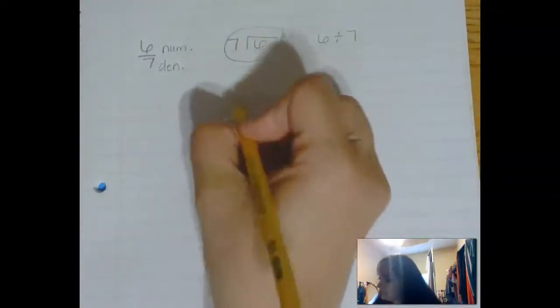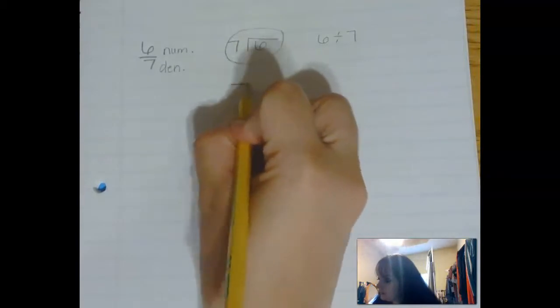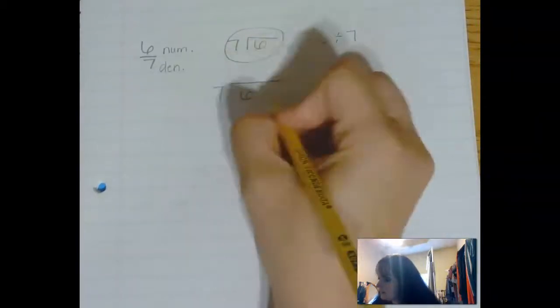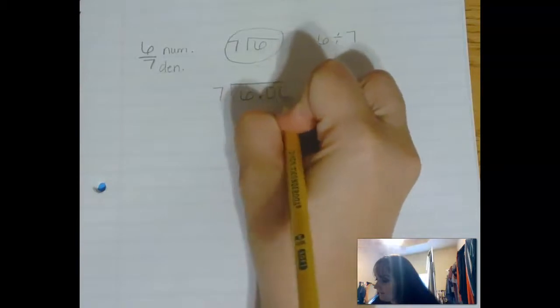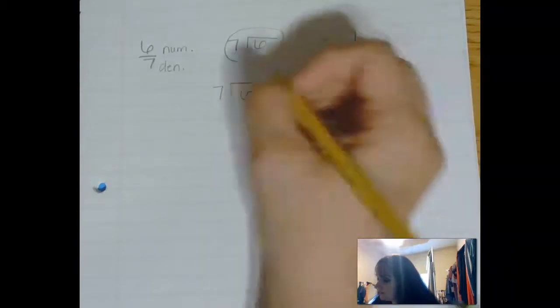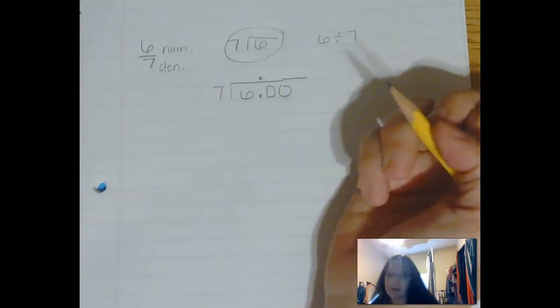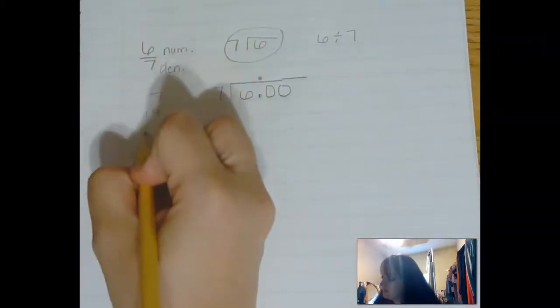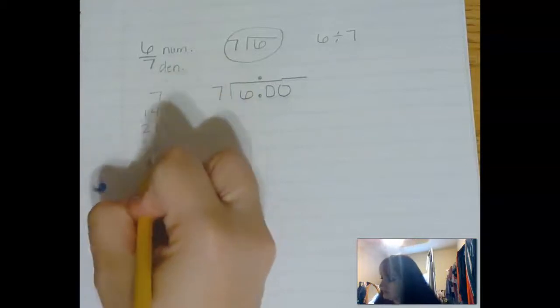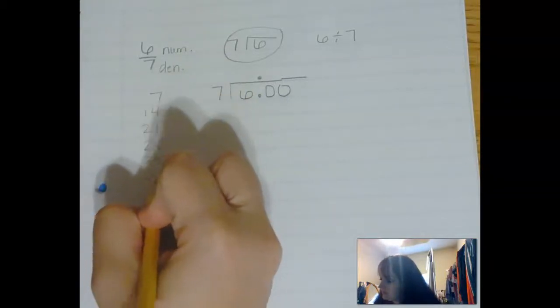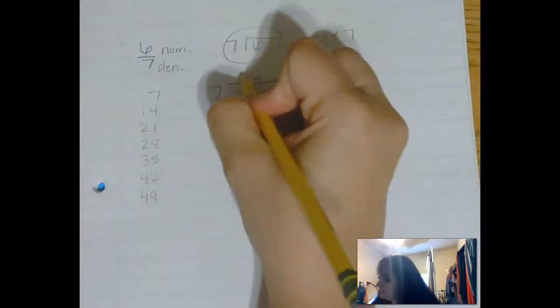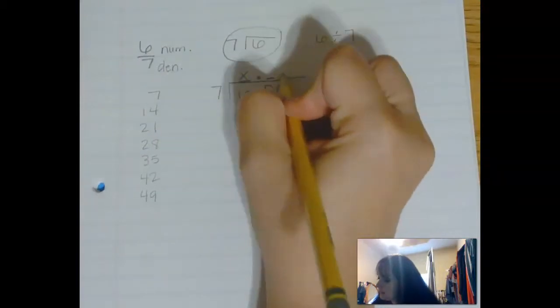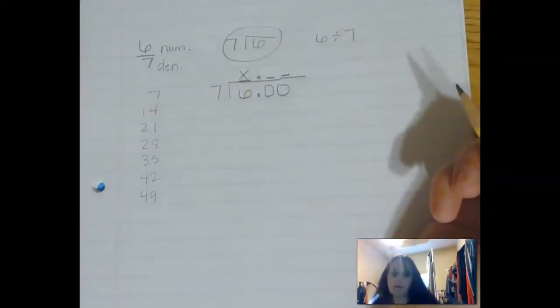So I'm going to do 6 divided by 7, add my two decimal places, bring my decimal straight up. I know my multiples of 7. I know it does not go in.